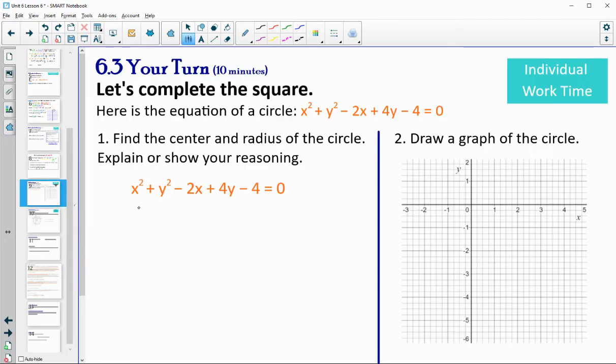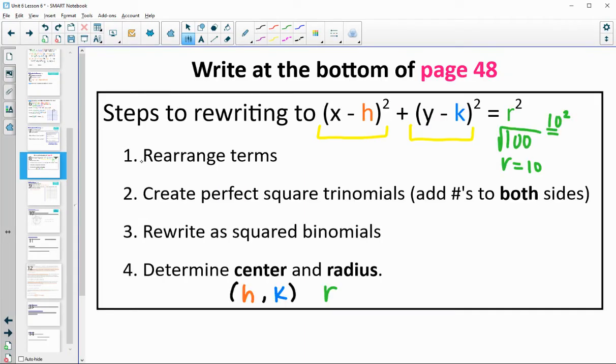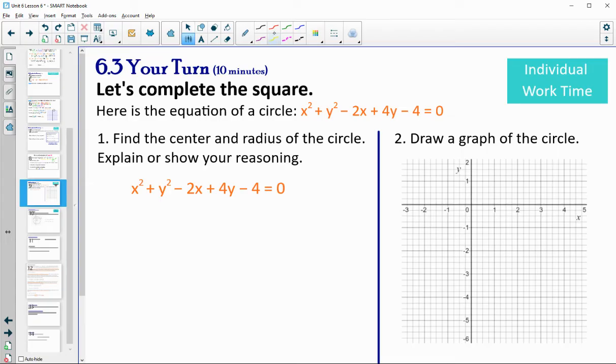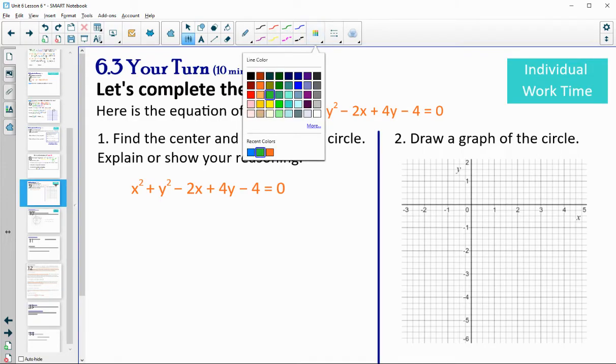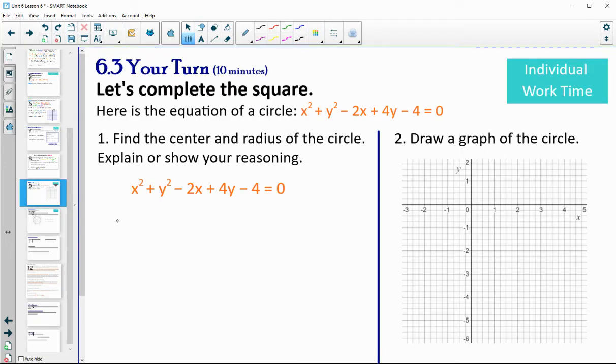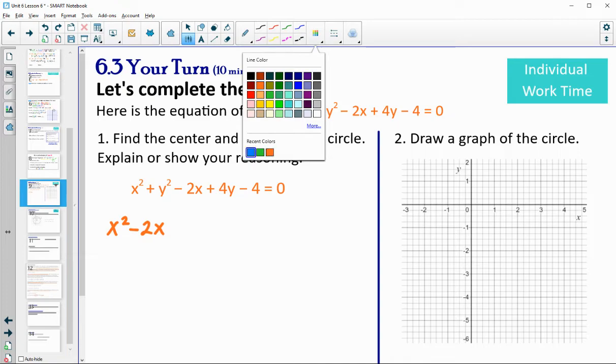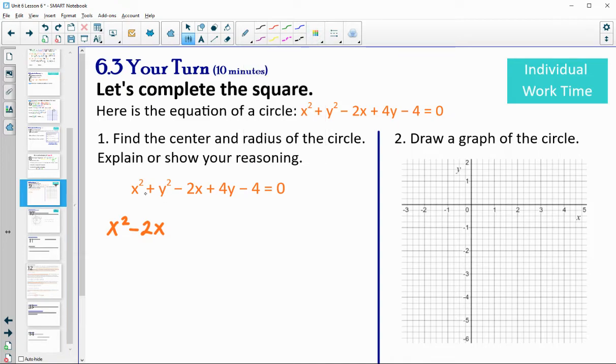All right, so first step, okay, so first thing we said in our steps was to rearrange the terms. Okay, so let's get the x's by each other. And I'm just going to write the x's. I'll leave the x's in orange. So we've got x squared, and I've got a minus 2x. Okay, then I'm going to write the y's in blue. So I've already done this x squared and this negative 2x.